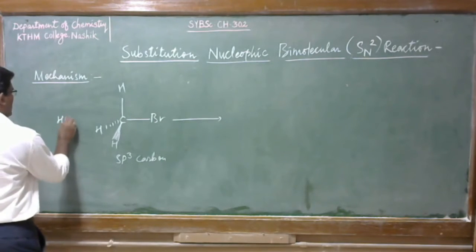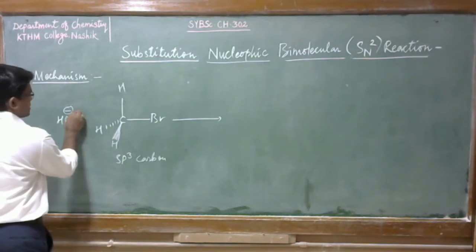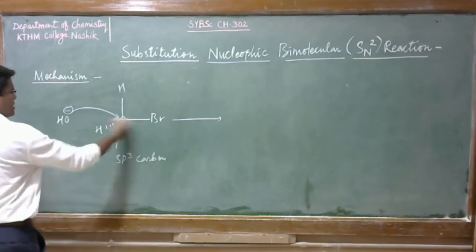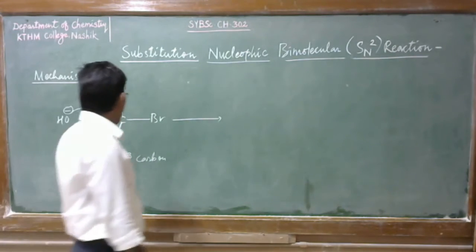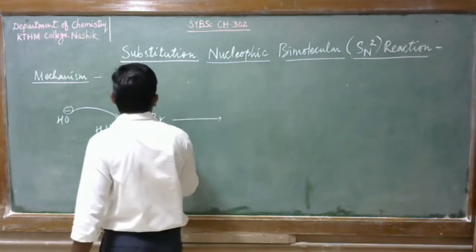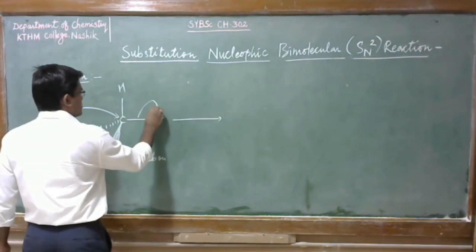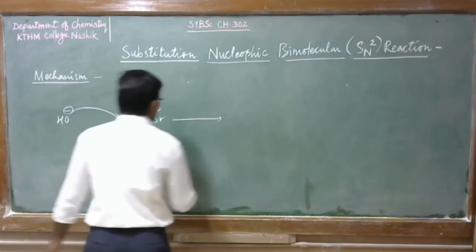This hydroxide ion will attack at the back of this C-Br bond, a backside attack, and this bromide will depart.